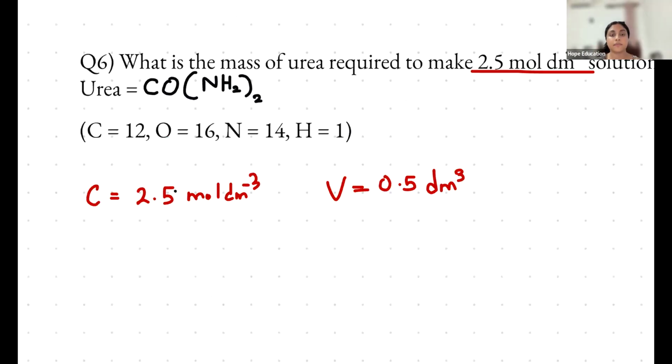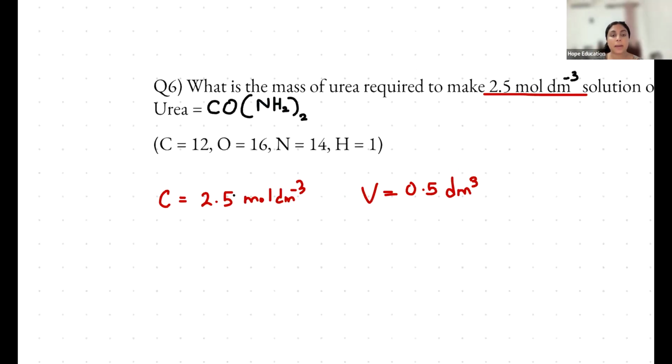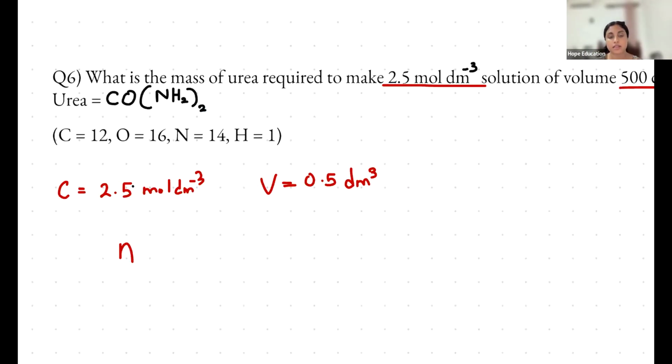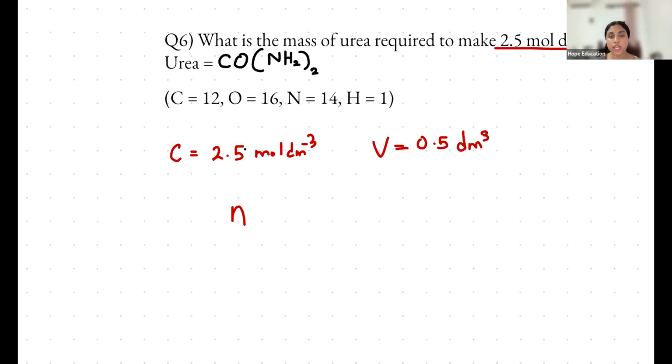Then what are they asking us? n equals... they're asking us the mass. The equation with mass is n equals m over M. I can calculate the molar mass from here, but I don't know the number of moles.